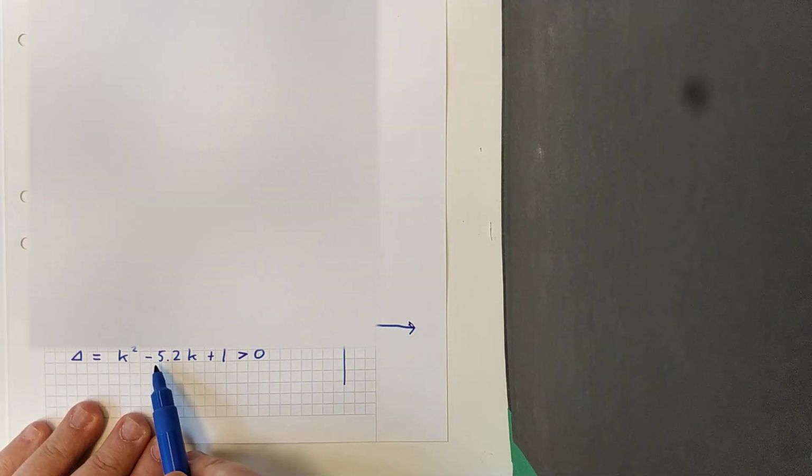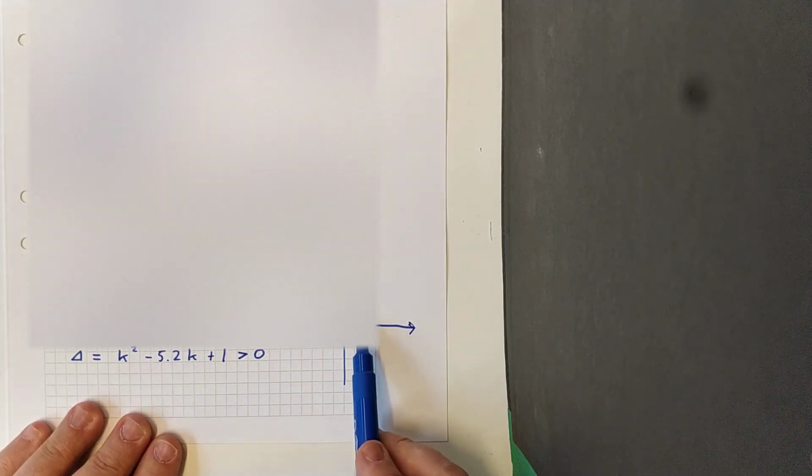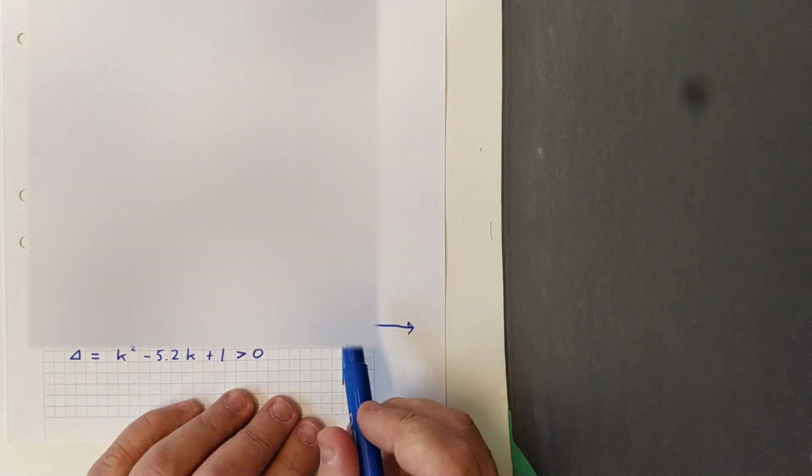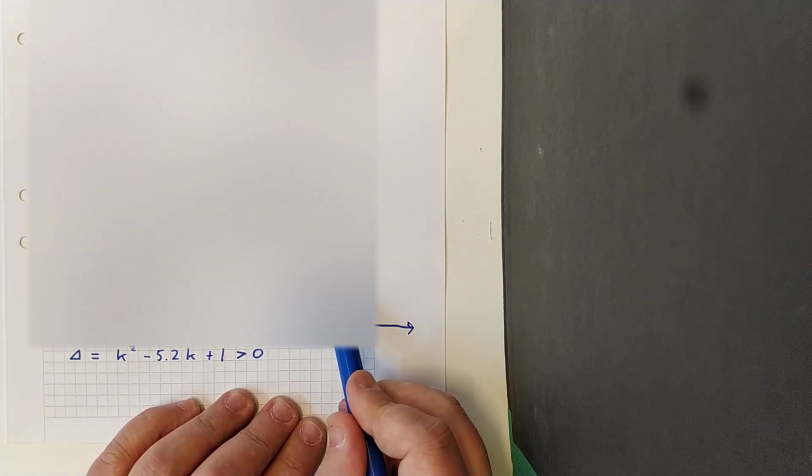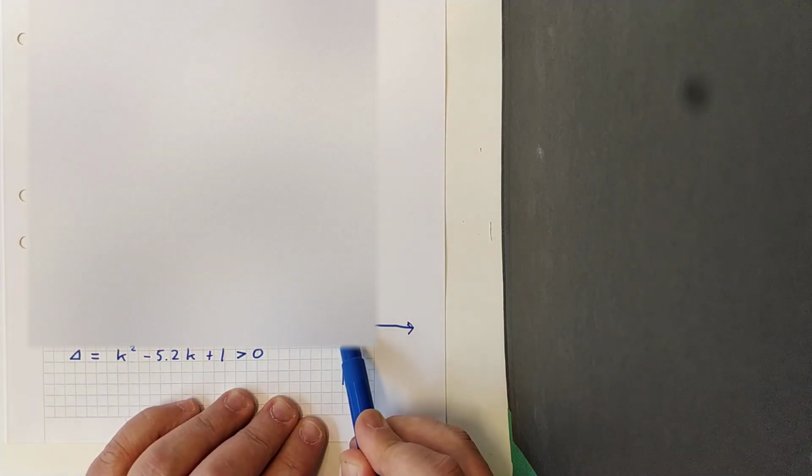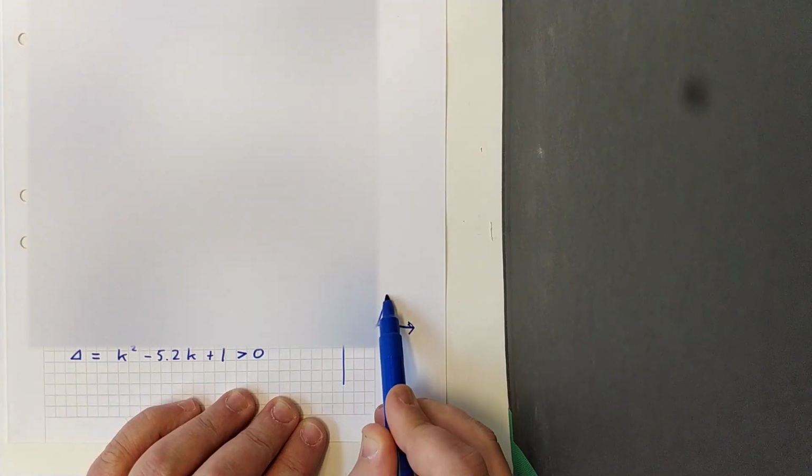We also know it will have an axis of symmetry a bit to the right of the y-axis. We don't need to be more specific than that. So it will look something like this.